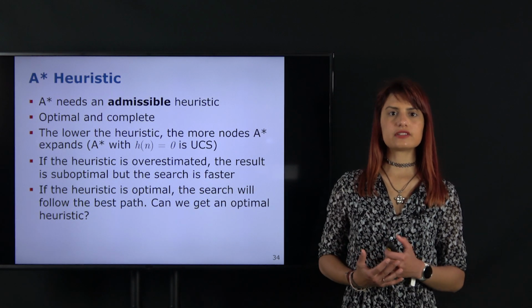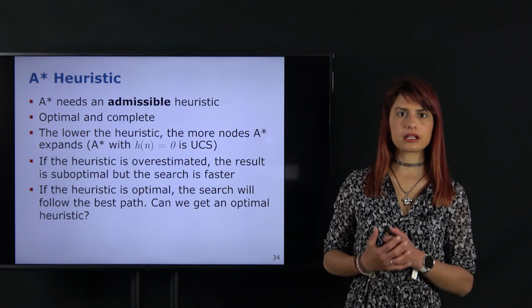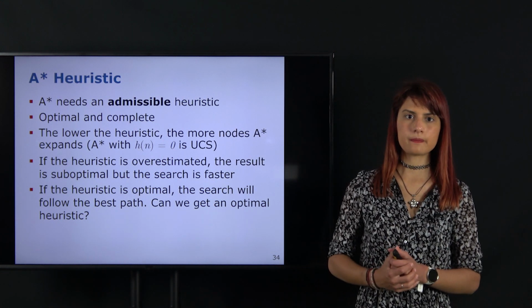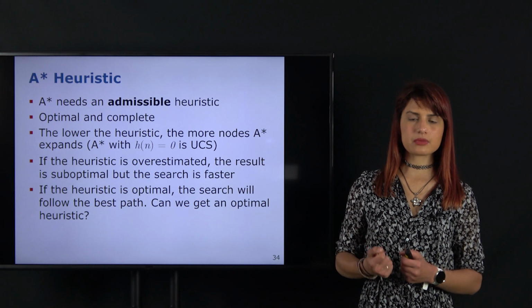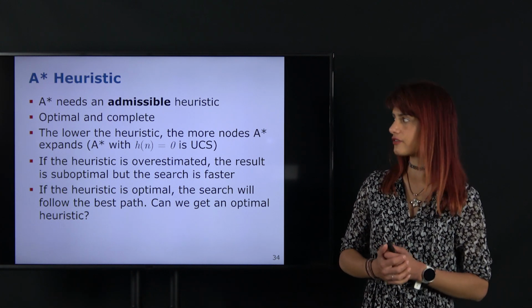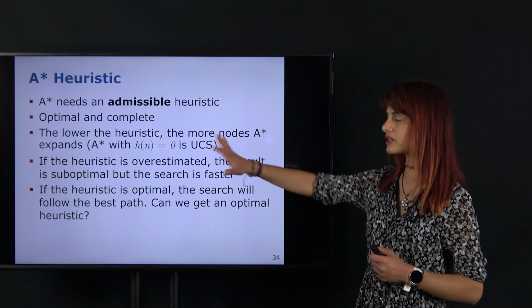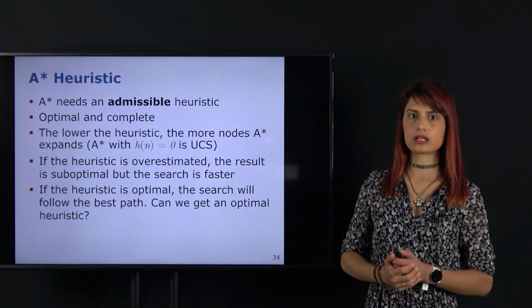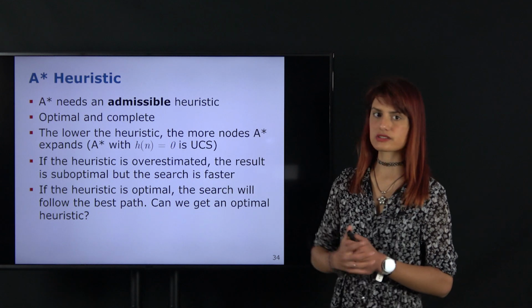So in order for it to be optimal and complete, A-Star needs to have an admissible heuristic. And this is where the admissibility condition is absolutely fundamental. We need to make sure how we specify the heuristic value in order to get these properties of our algorithm.